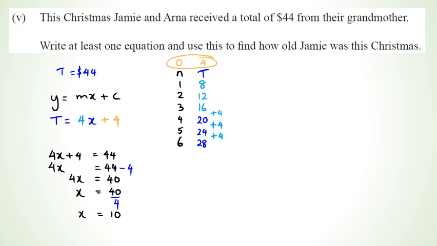That's how old Jamie was when they received a total of $44. All right, so writing that equation and then solving the equation is going to get you a merit. If you just put answer only as 10, you get an achieved, or if you just come up with an equation, you get an achieved as well. All right, cool. Let's go to the next question.